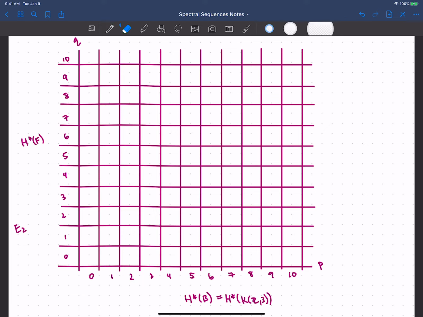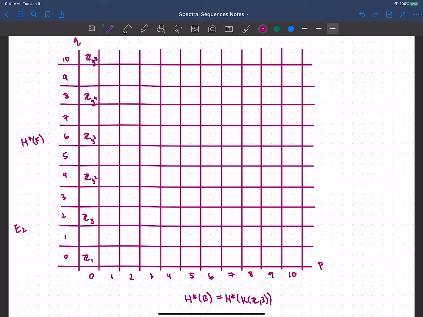All right, let's start with what we know, which is the cohomology of the fiber. So we put that over here in the first column, and we know we've got Z in even degrees, and of course this continues. We even know it as a ring, so it was polynomial in this class y, so that's 1, y squared, y cubed, y to the 4th, y to the 5th. I hope that you can read these.